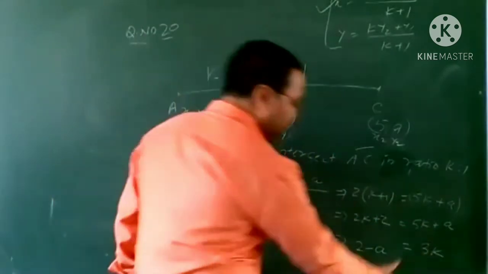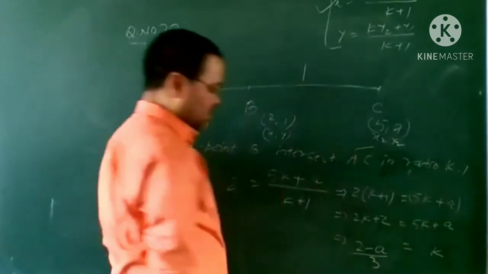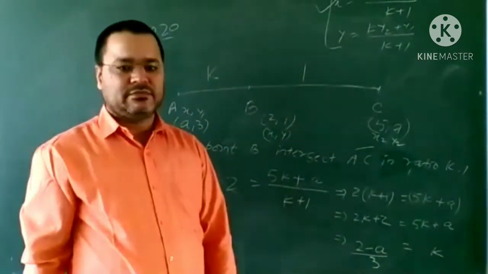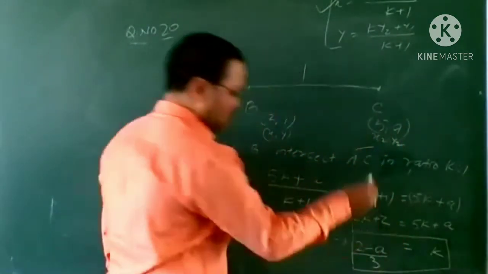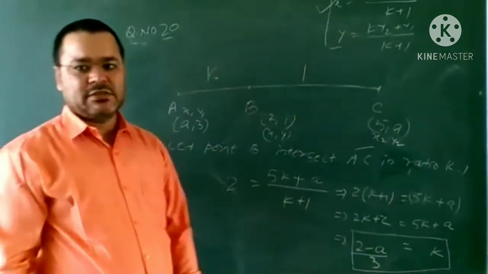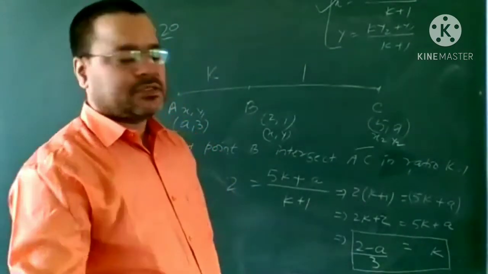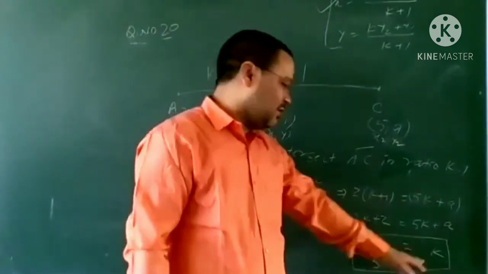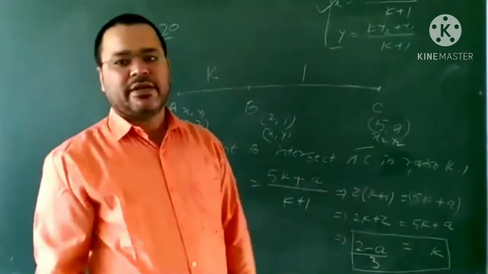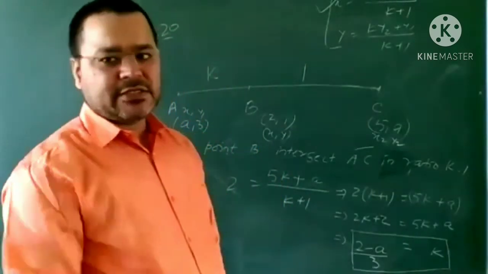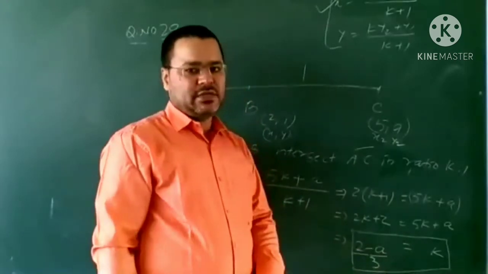Then k is equal to (2 minus a) by 3. It means using the x coordinate, the value of k is (2 minus a) by 3. Getting?